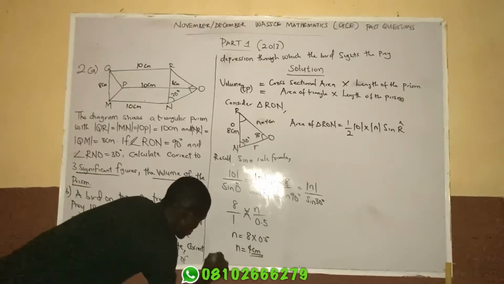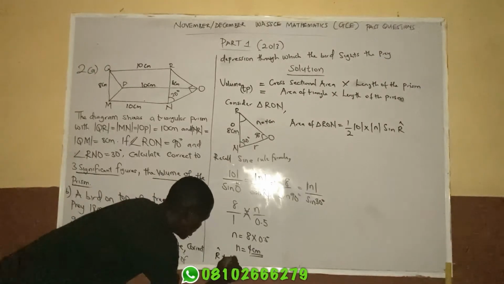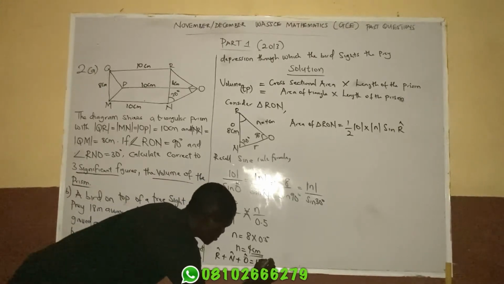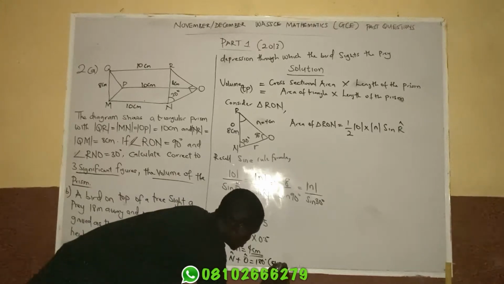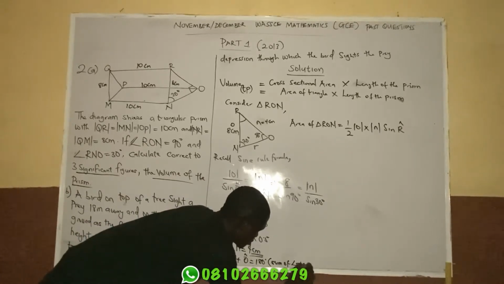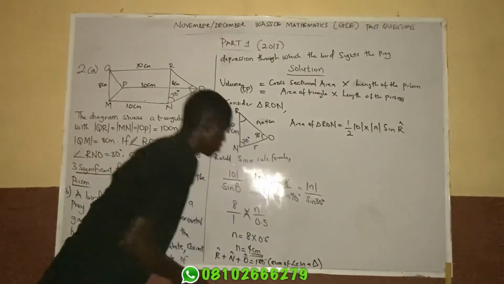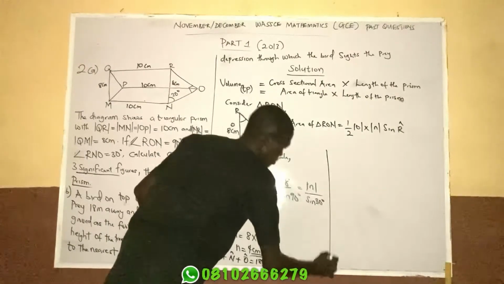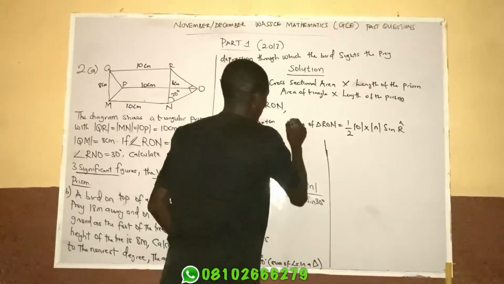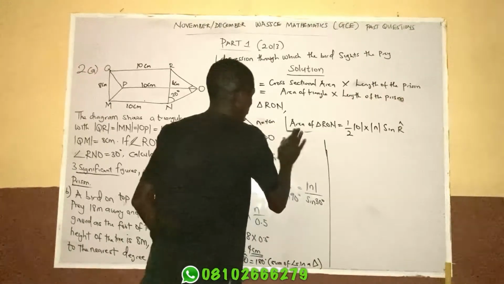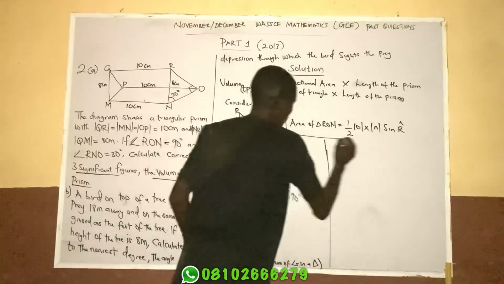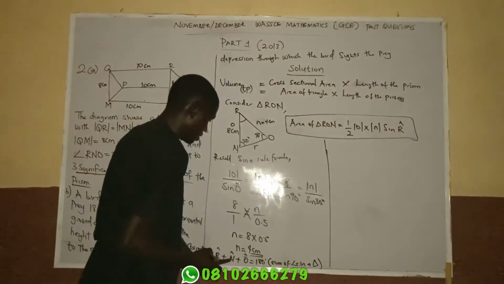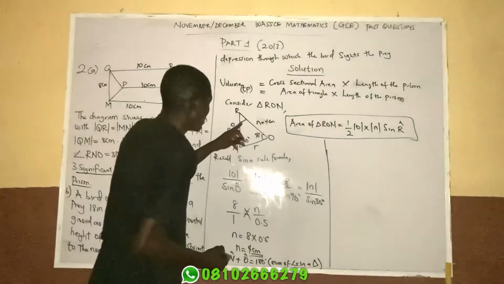That is angle R plus angle N plus angle O is equal to 180 degrees. So R is what we are looking for.